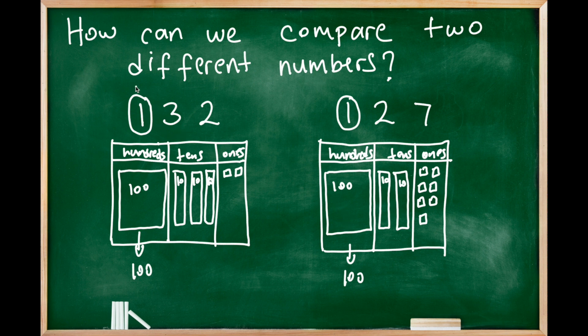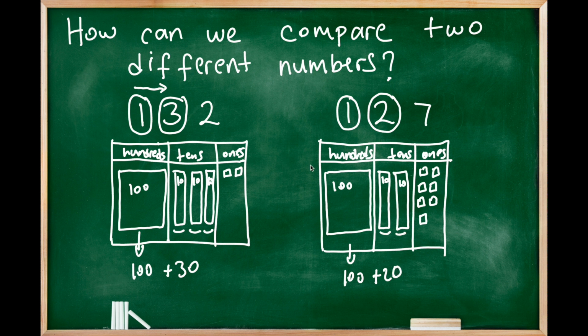Starting from the left, we move to the right. The second place in our number is the tens place. This one has 3 ten rods, so we add 30 to our number, and the tens place digit in the other number, 127, is 20, because we have 2 ten rods, so that adds 20.